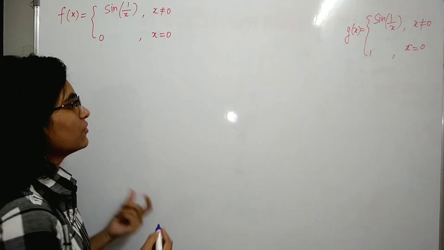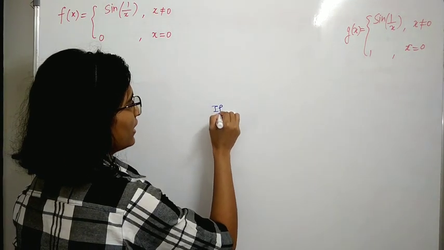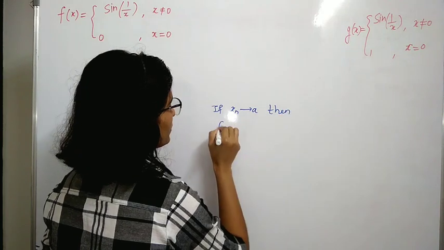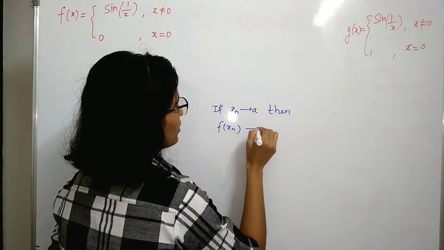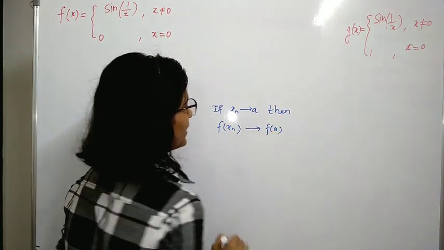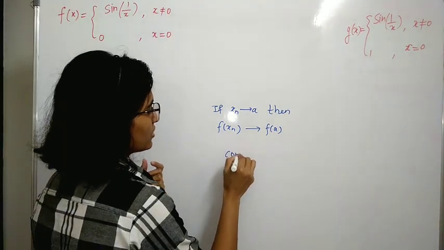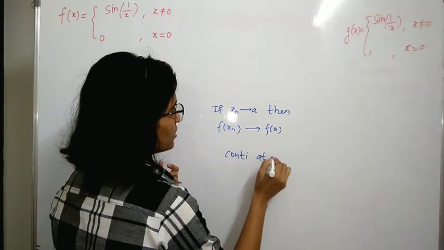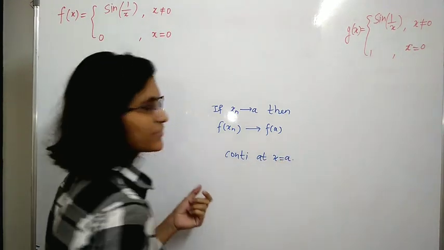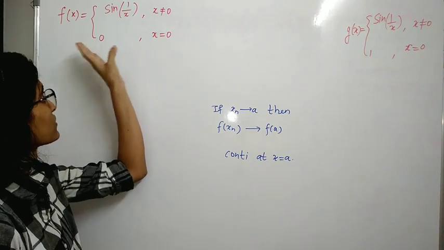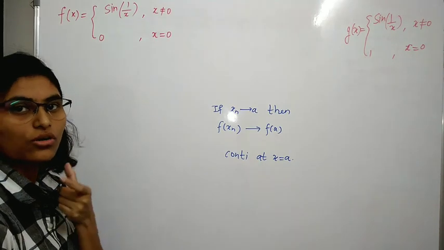What is that? If we have a sequence xn converges to a, then f of xn converges to f of a, right? Then in this case we say that the function is continuous at point x is equal to a. So we will use this to check whether the function is continuous at x is equal to 0 or not.